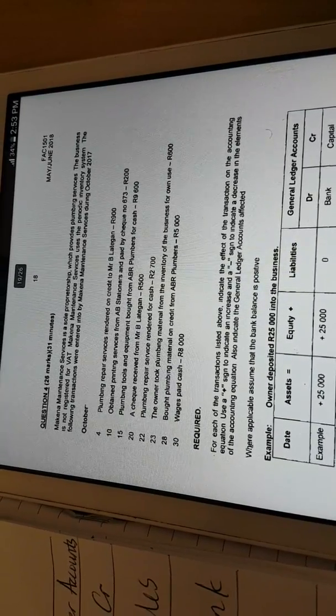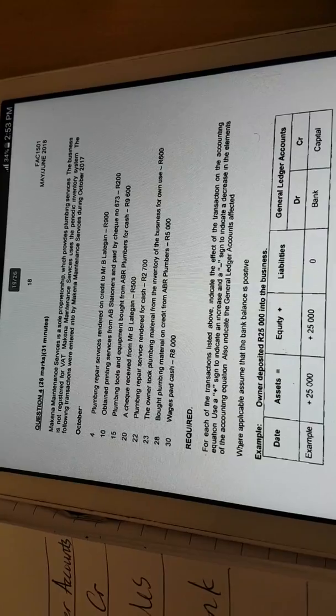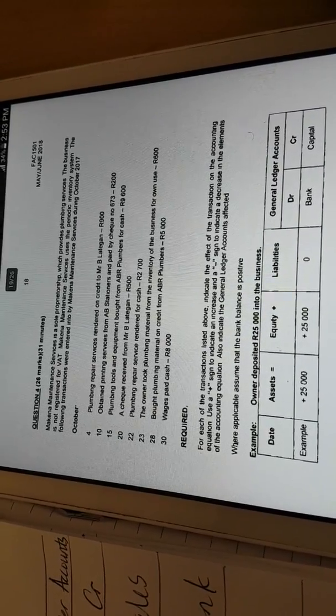Let's move to the 15th. They say plumbing tools and equipment bought from ABR Plumbers for cash is 9,600. They bought the tools and equipment. So remember, like I said, this is a service company that doesn't have inventory. So tools and equipment is part of their inventory.